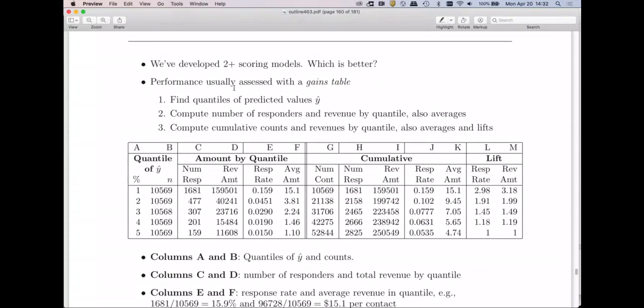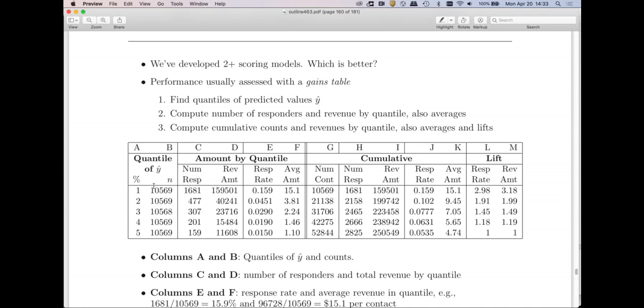The first thing I'm going to do is take the predicted values from my scoring model, let's call them y-hats, and sort them from the highest score to the lowest score, from best to worst. Often in the first two columns you're going to see I've decided to put them into quintiles.